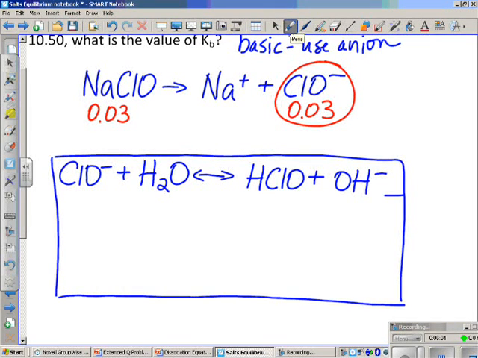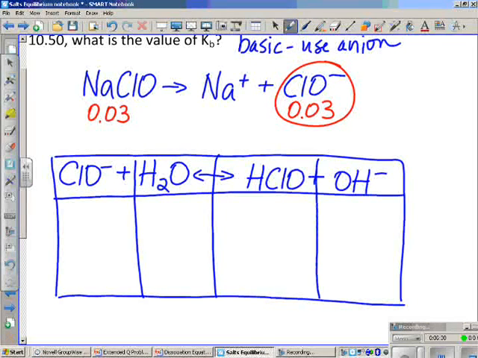Okay, so you're going to put your table around it. Make sure you cross off the H2O column. Don't want you to forget and try to use it. ClO minus's concentration is 0.03. Before this reaction even takes place, we have 0 and 0.